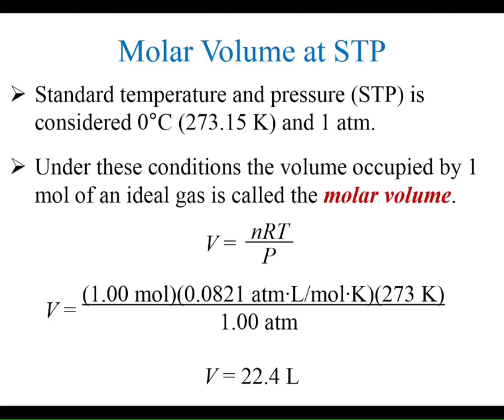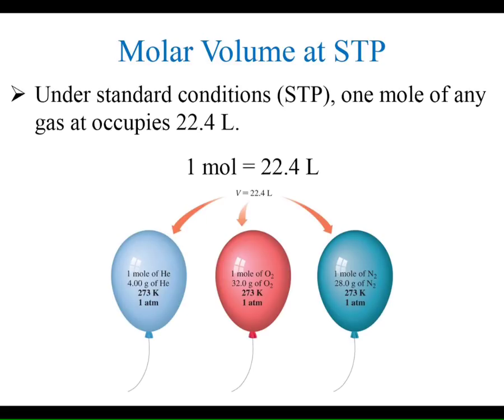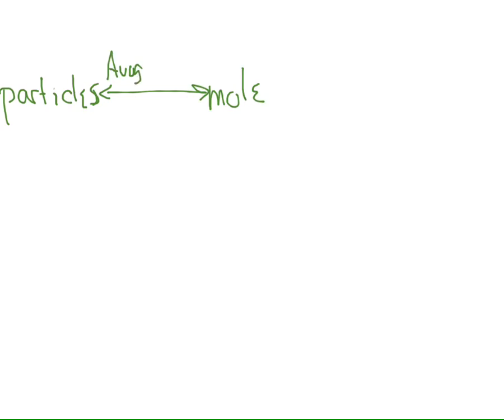Okay, so let me make a little chart here. Let's go back to our friend the mole. Remember, we can go from moles to particles, and to do that we used Avogadro's number, 6.02 times 10 to the 23rd.